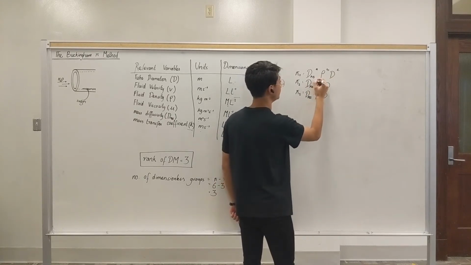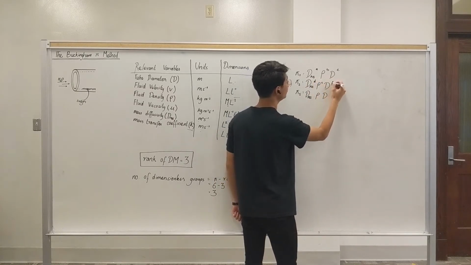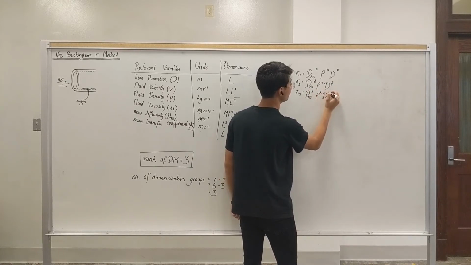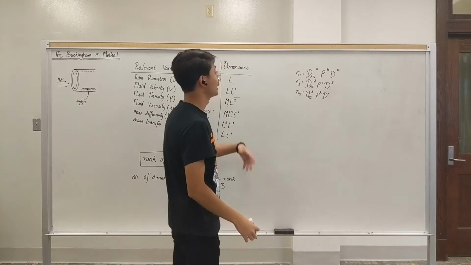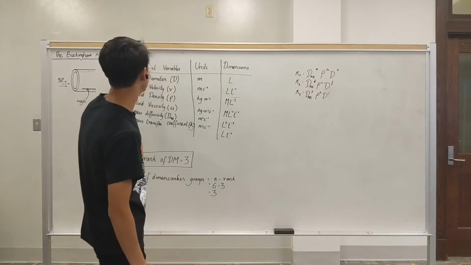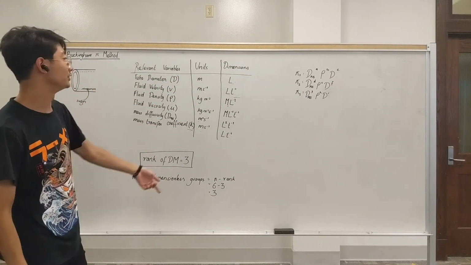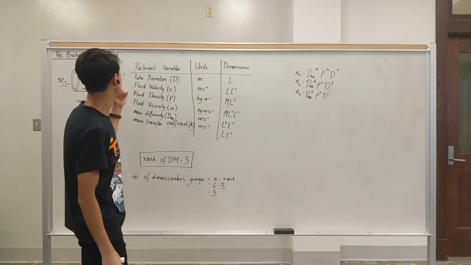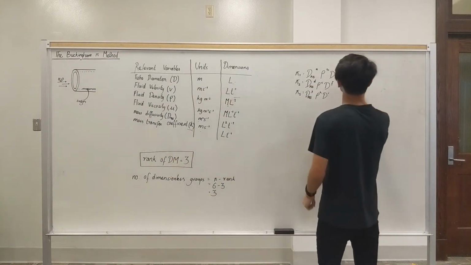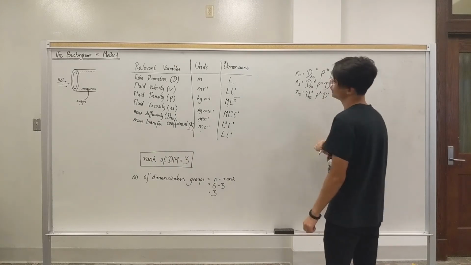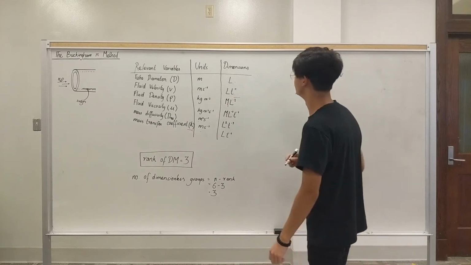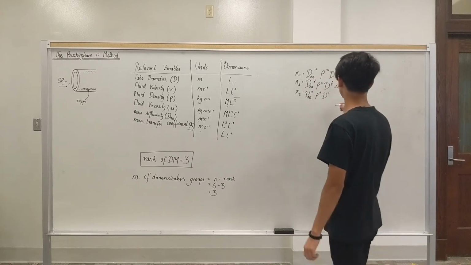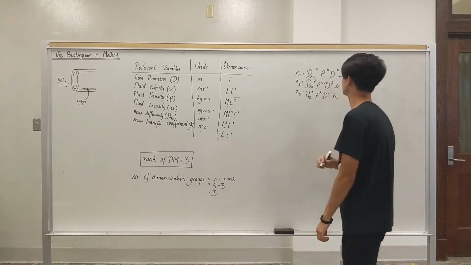So this is going to be D, E, F, and then G, H, I. Now, the last thing left to do is we take all of the variables that are remaining and distribute them among these dimensionless groups. So we have velocity remaining, so let's go with V, and then we have viscosity, that's mu. And then finally, we have the mass transfer coefficient.